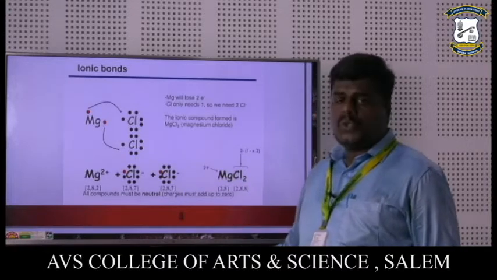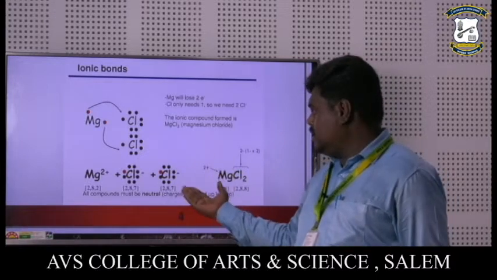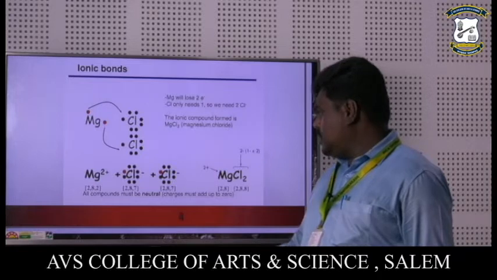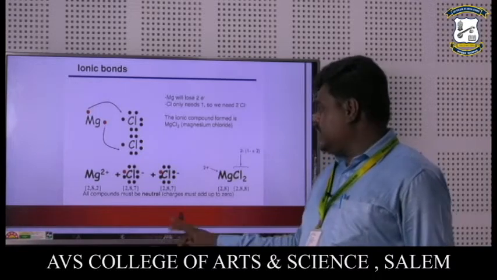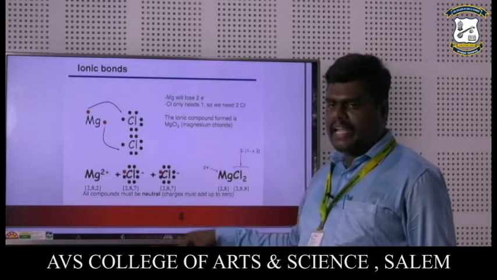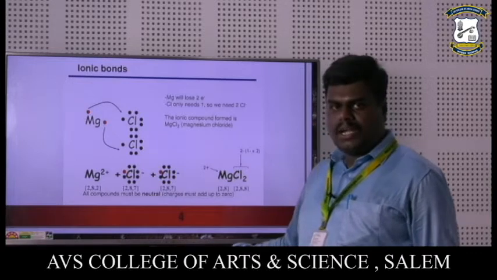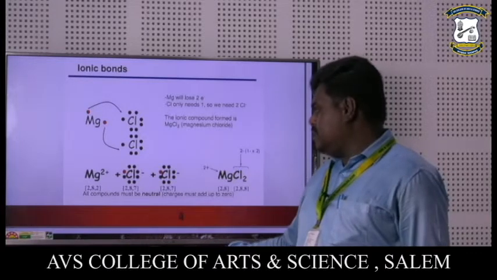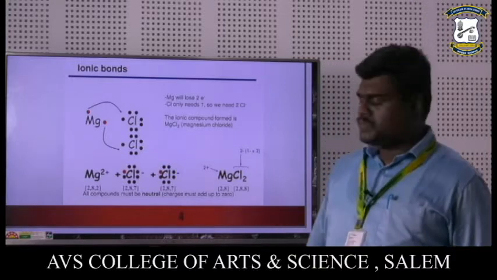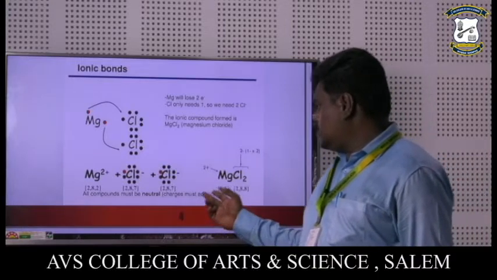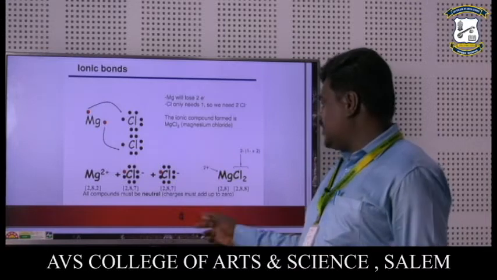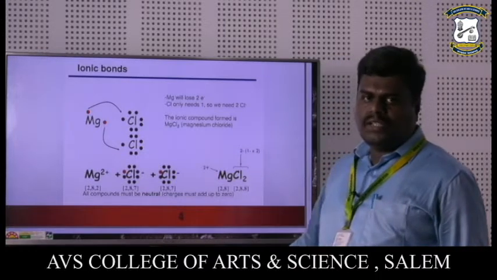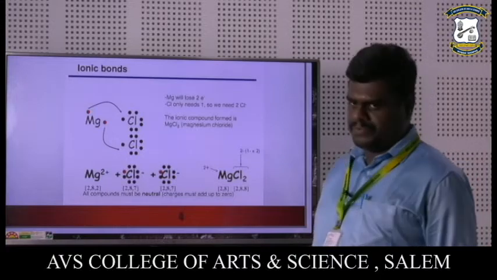Magnesium loses 2 electrons and forms the Mg2 plus ion. It gives one electron to one chlorine atom and another electron to another chlorine atom. So, one magnesium ion forms two bonds with two chlorine atoms. So, MgCl2 is formed. This is another example of the ionic bond.